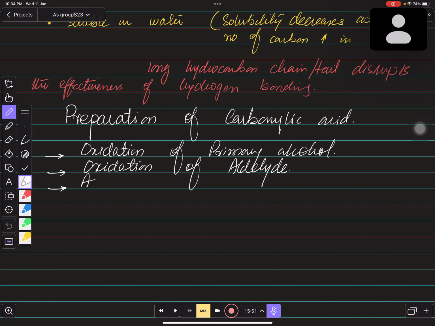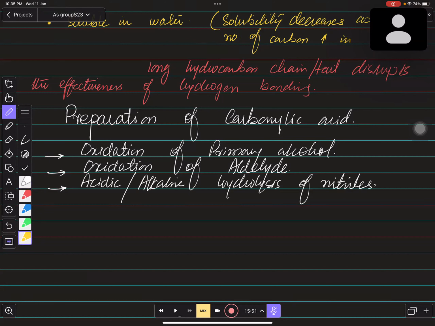You can use either acidic or alkaline conditions to catalyze the reaction. Hydrolysis of nitriles, this reaction comes up a lot in papers, so it is very important to do it now, right? The earlier ones we have already done. We know what oxidation of primary alcohol is, and we know what oxidation of aldehydes is.